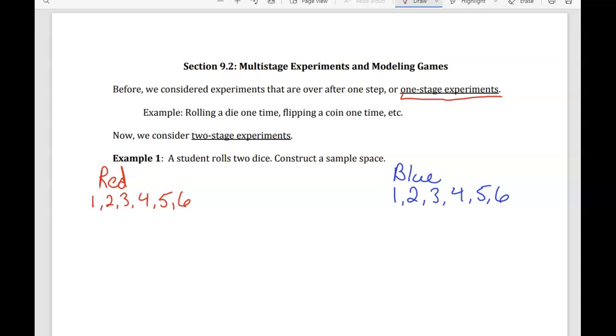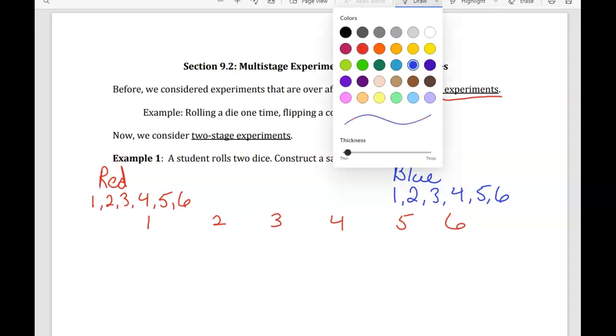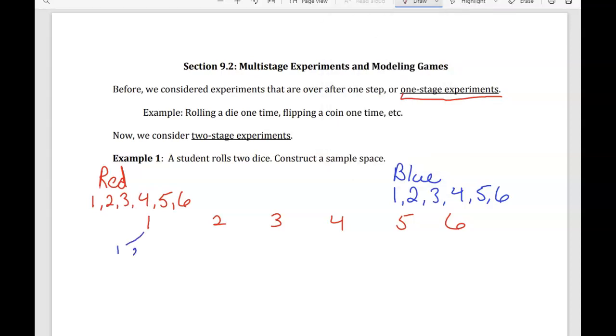If I think about a tree diagram, I'm going to spread these out a little bit. For each of these 1, 2, 3, 4, 5, 6, I could actually get a 1, 2, 3, 4, 5, or 6. So I would have 6 branches coming off of each of these values.